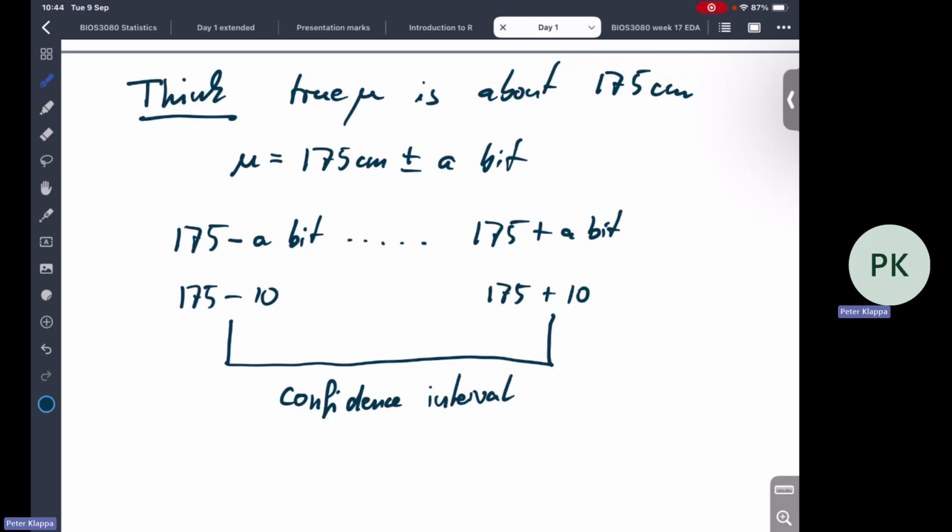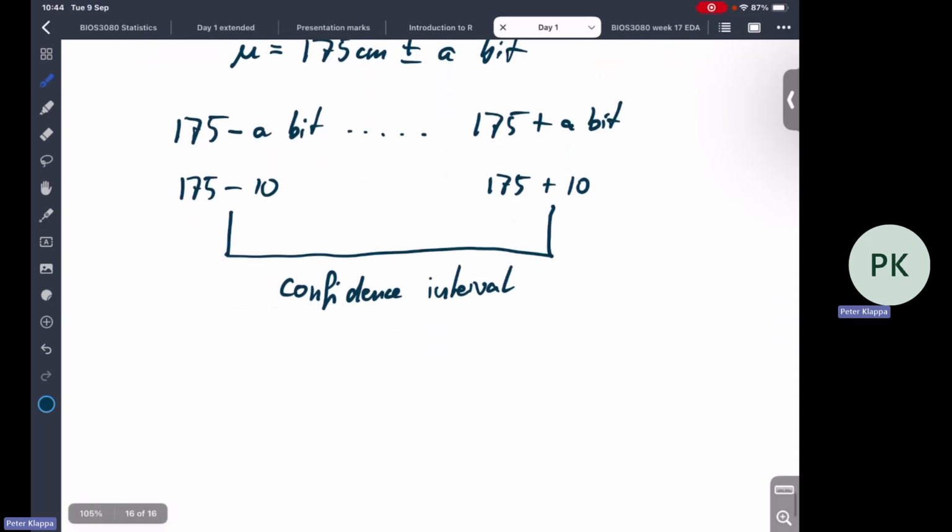But you get the concept, yeah? It is defined by what is called a lower bound and, surprise, surprise, an upper bound. So that's our estimate. We say the true population mean is probably somewhere in there.